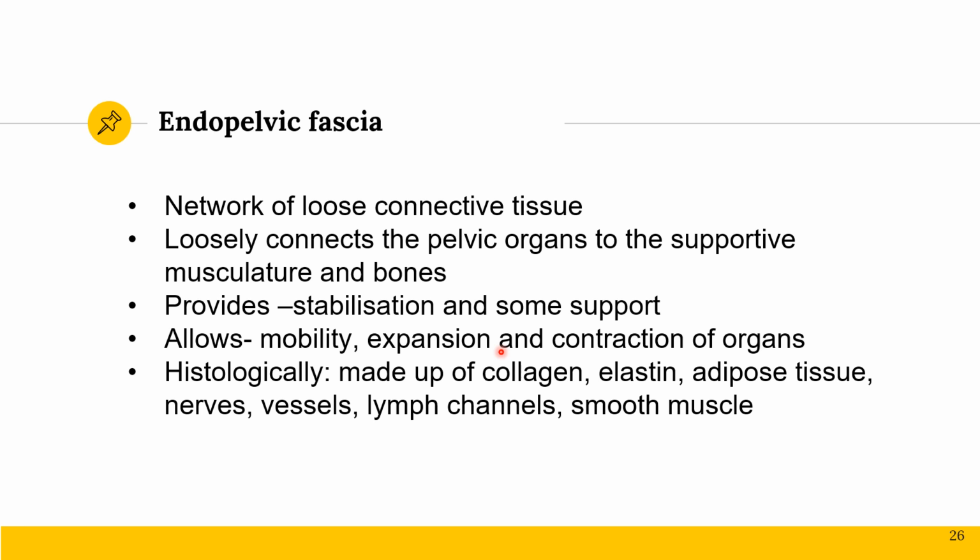Because structures, for example the bladder, need to be filled up by urine and need to expand, and endopelvic fascia allows this to occur. Histologically, the endopelvic fascia is made up of collagen, elastin, adipose tissue, nerve, vessel, lymph channels, and smooth muscle.